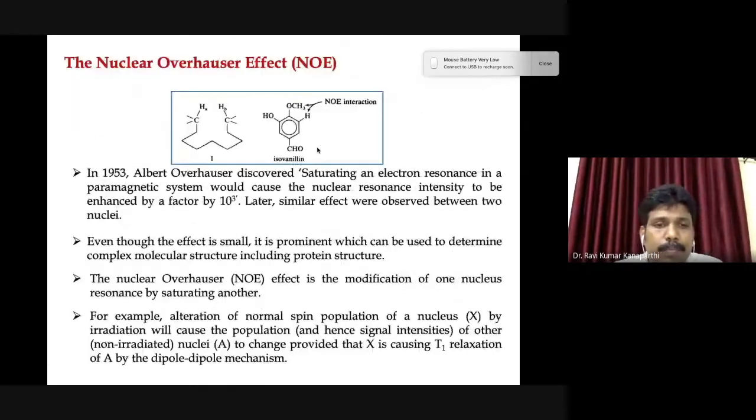But why is this happening? Why is this enhancement or decrease happening? Primarily because of population transfer. The spins get transferred as they are close by in space. The spins see one another, and then this transfer takes place.